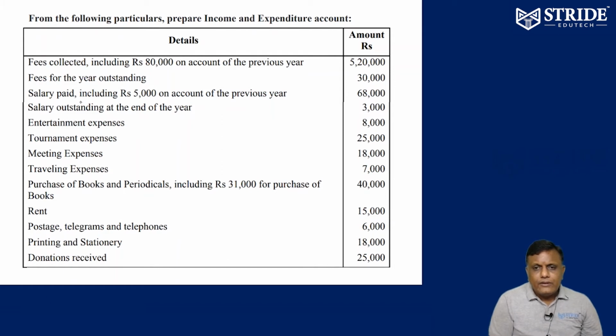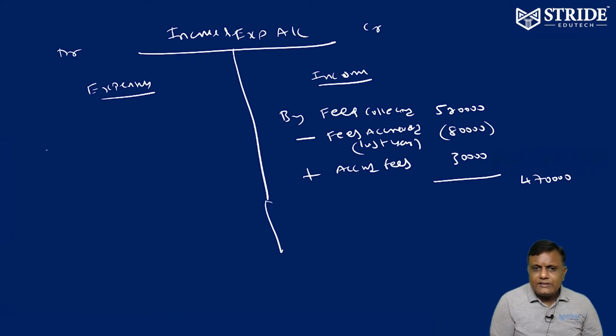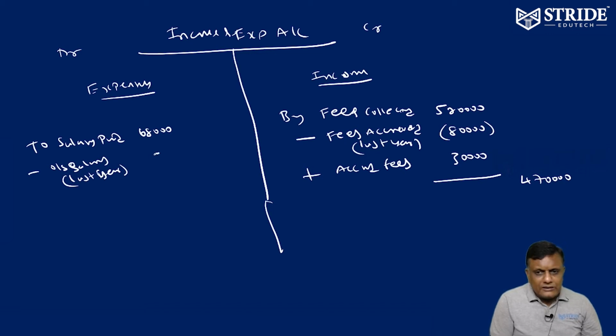Next, salary paid. 68,000. This 5,000 belongs to last year, to be subtracted. This 3,000 belongs to current year, to be added. So 68,000 minus 5,000 plus 3,000, on the expenditure side. To salary paid 68,000, minus outstanding salary of last year, which we have paid this year, so 5,000 to be subtracted.